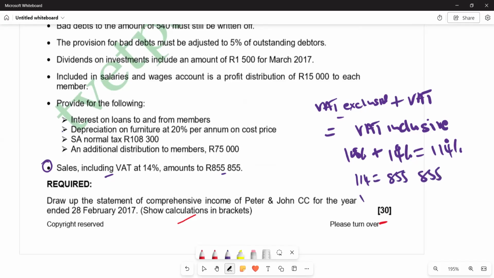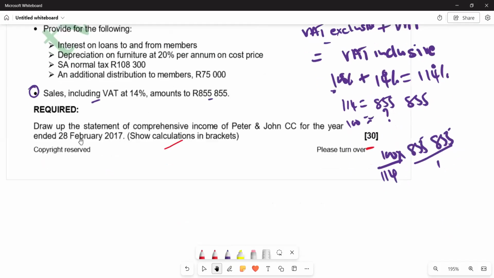The figure that we are looking for is VAT exclusive, which is 100%, so this is a question mark. So we say 100, which is what we don't have, as a numerator. What we have is 114 as a denominator, calculated by the given figure, 855,855. Then we calculate it, and the figure that we get there is 750,750.